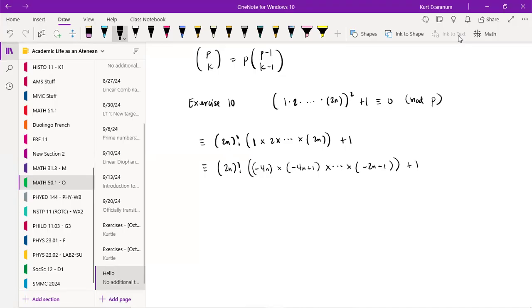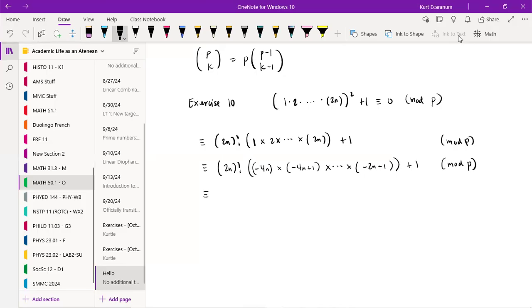So what we did here is, it's still mod p. But now, the number of terms we flipped is 2n. So if we take out the negative sign, my goal is to make this 4n factorial.